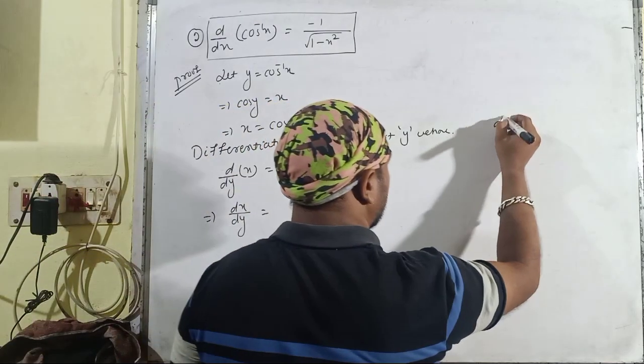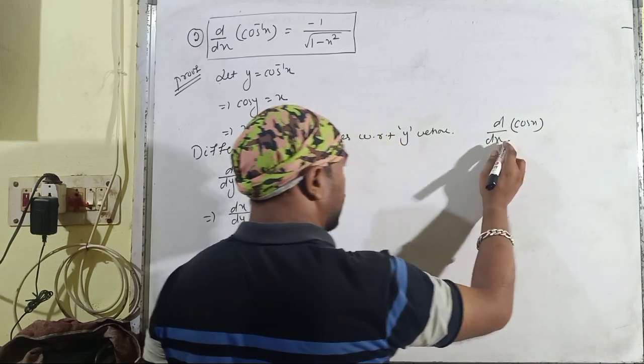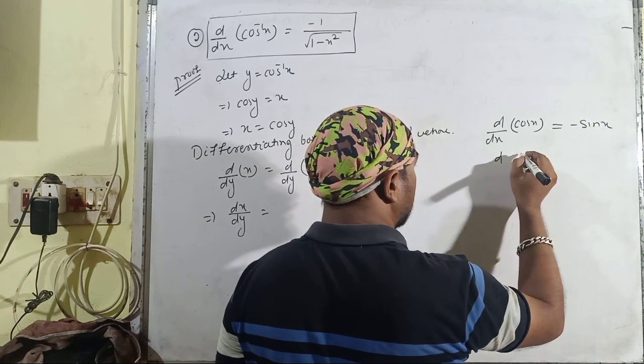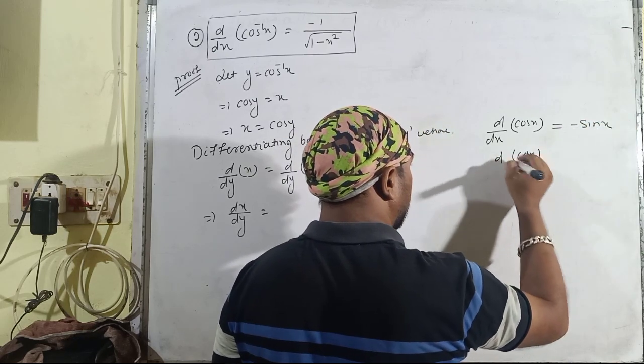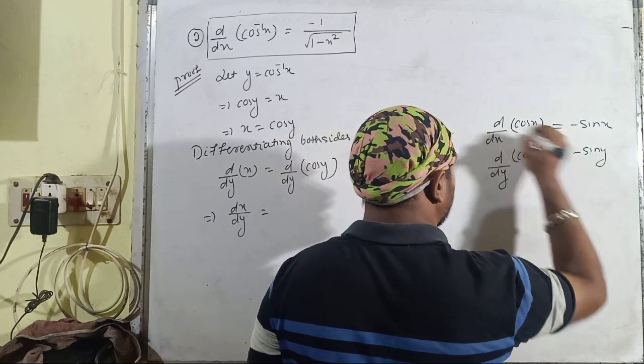As we know that derivative of cos x with respect to x is minus sin x. Similarly, differentiation of cos y with respect to y will be minus sin y.